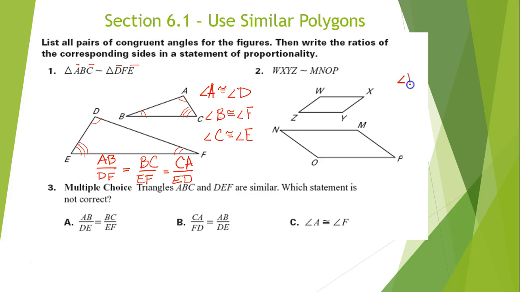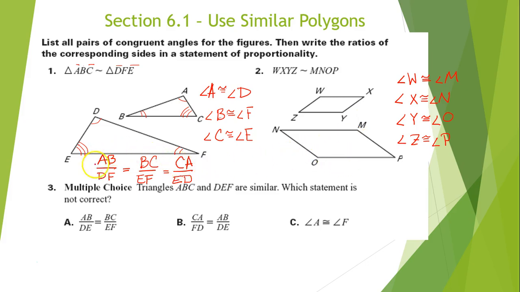So angle W is congruent to angle M. Angle X is congruent to angle N. Angle Y is congruent to angle O. And then angle Z is congruent to angle P.